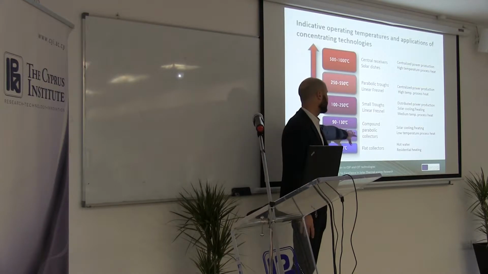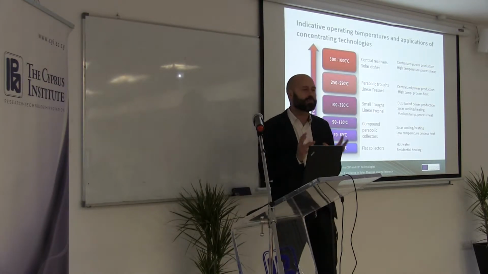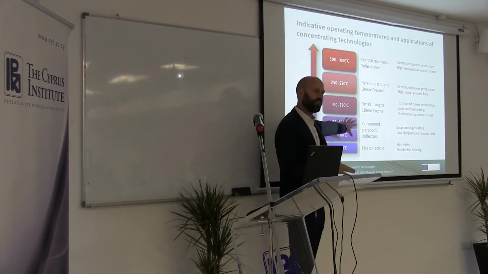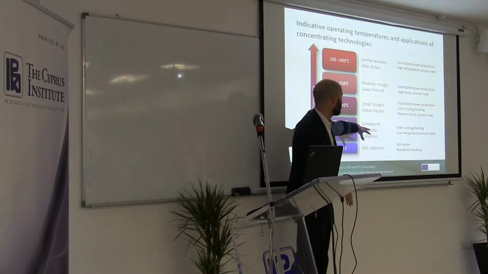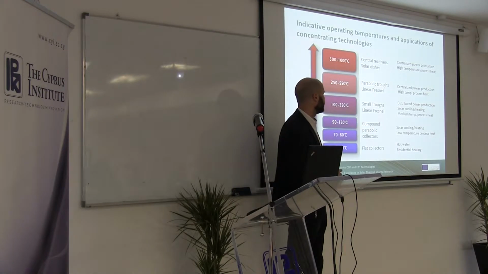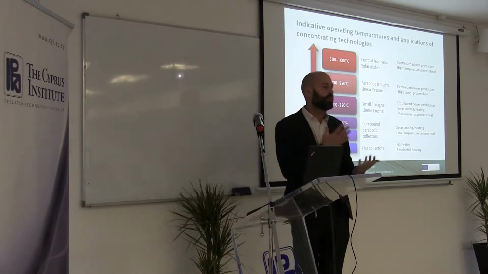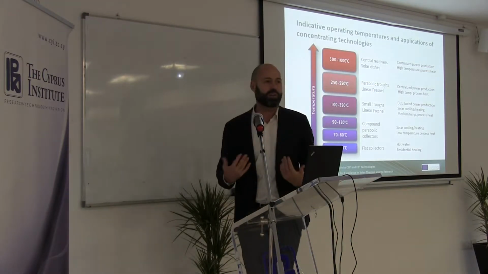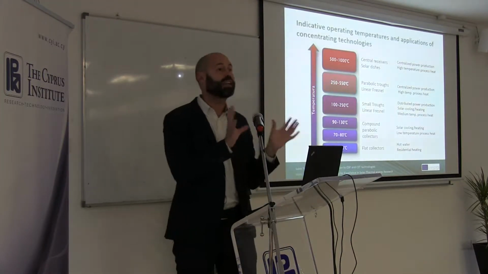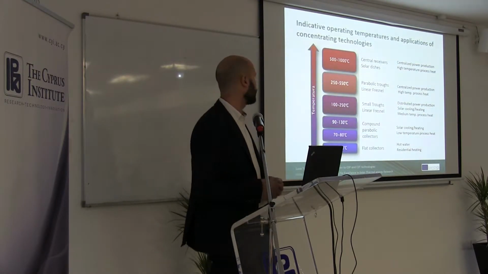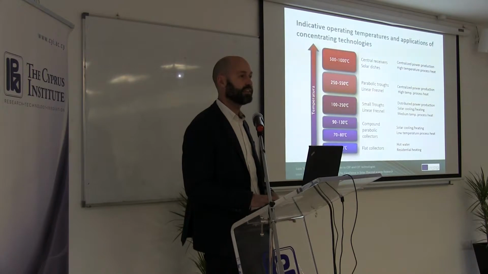Then compound parabolic collectors have, again, a very small concentration ratio, which is not covered by the school. This is required for solar cooling and heating and low temperature process heat. And then from here above, basically, we are within the scope of the school. So we use more sophisticated tracking concentrating systems that allow us to get more efficient solar heat and higher temperatures.